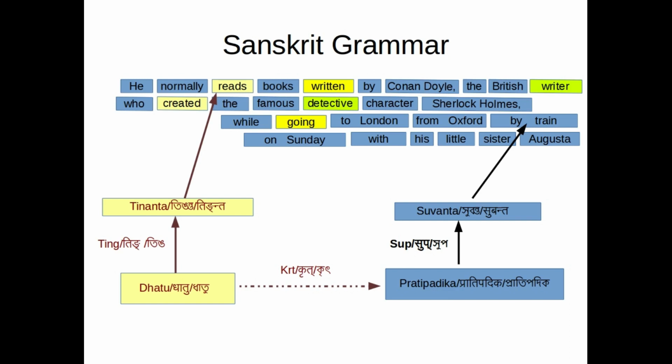The second type of words will be formed using another method from a set of Pratipadikas. The tool we will apply on Pratipadikas is called Sup Pratyaya. The resulting words will be called Subanta Padas. Now the second mechanism, formation of Subanta Padas, can be a two-step process.